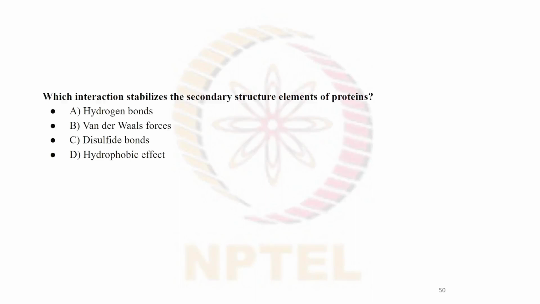So which interactions stabilize the secondary structure elements of proteins? Which of the following interactions stabilize the secondary structure elements of proteins? Whether they are hydrogen bonds, van der Waals forces, disulfide bonds.